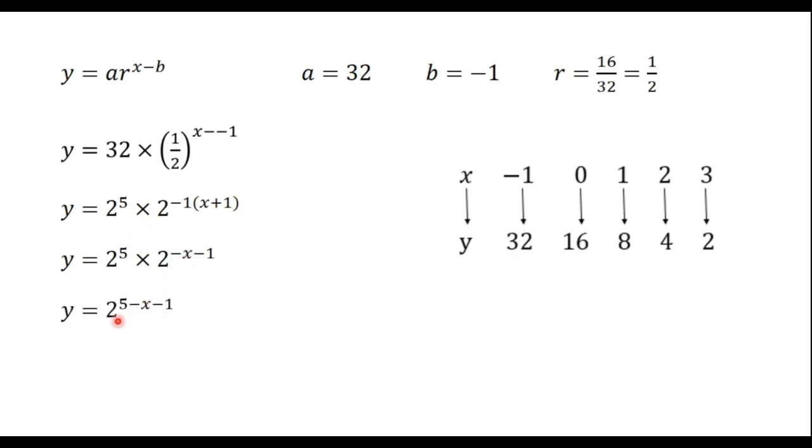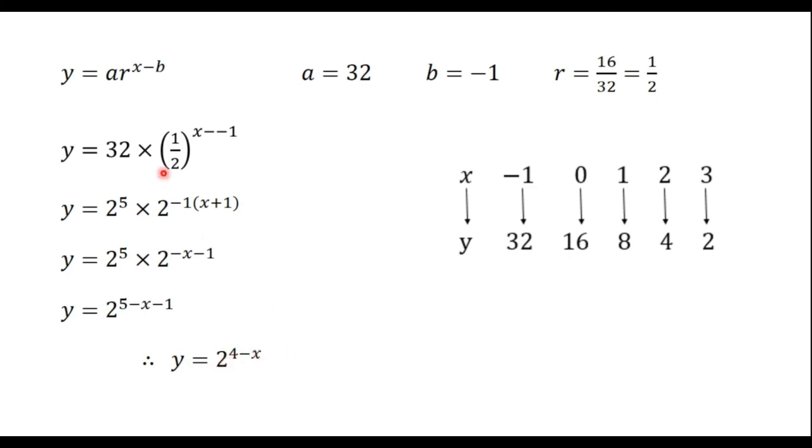So here, since we have 2 and 2, we can add the exponents. We add 5 to minus x minus 1, and that gives us 2 exponent 5 minus x minus 1. If we simplify, y is equal to 2 exponent 4 minus x.